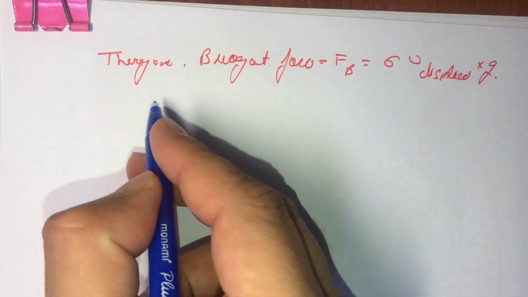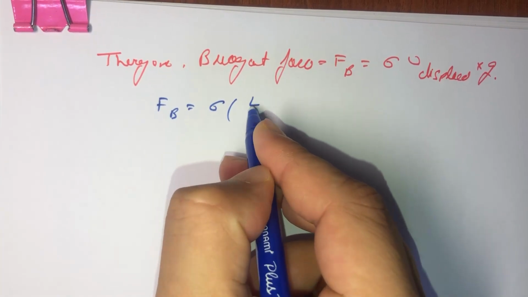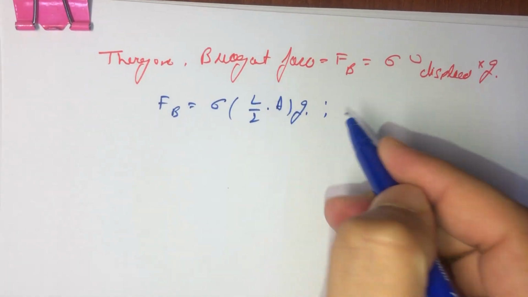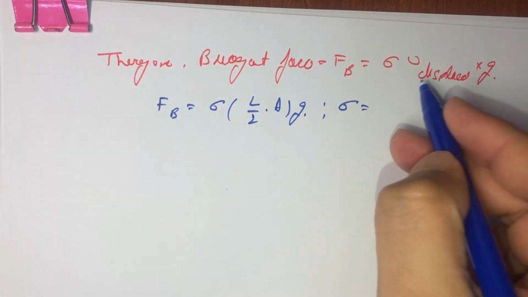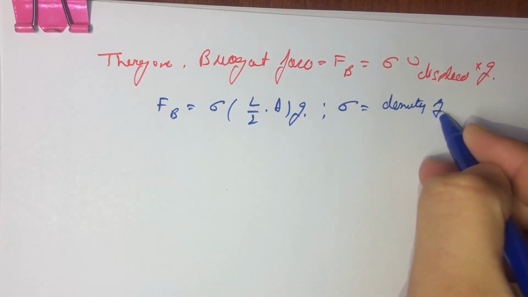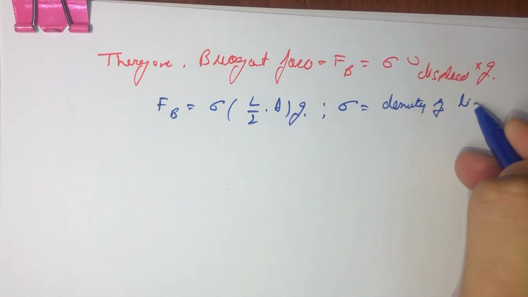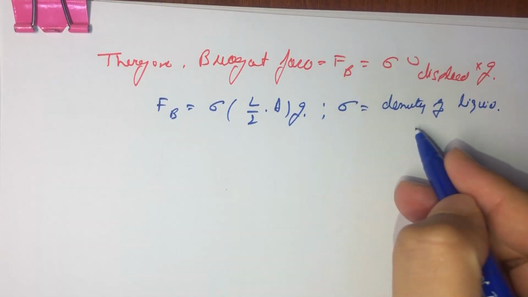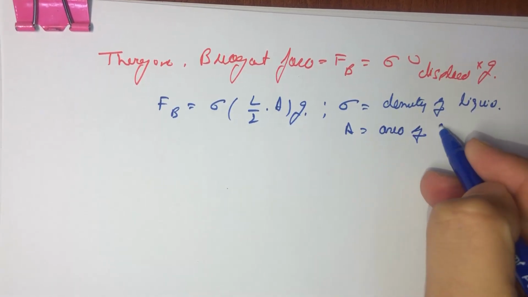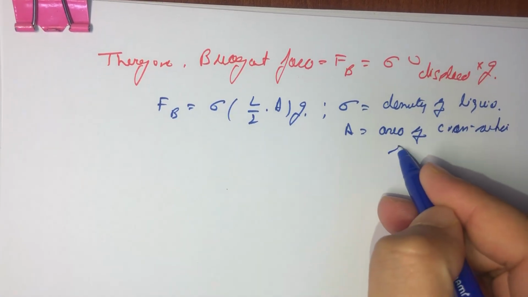So substituting, we get Fb equal to sigma L by 2 multiplied by A and g, where sigma is the density of the liquid and A is the area of cross section of the cylinder.